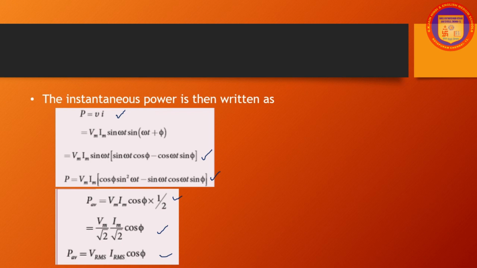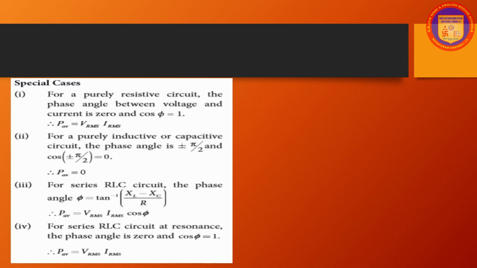So it is known as the true power of the circuit. Next we will go into the special cases. For a purely resistive circuit, the phase angle between voltage and current is 0. So cos 0 value is 1. So P average is equal to Vrms Irms. If it is a purely inductive or purely capacitive circuit, the phase angle will be plus or minus π by 2. The cos π by 2 value is 0, so P average will be equal to 0.